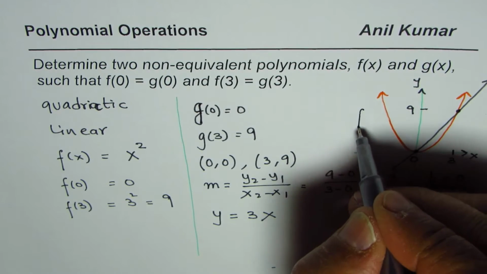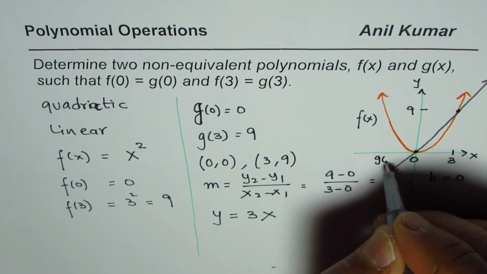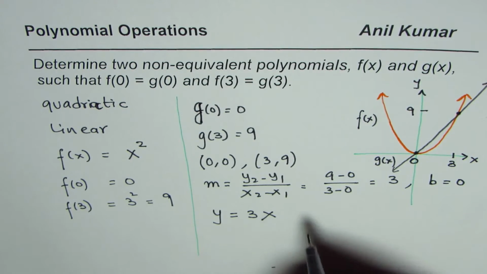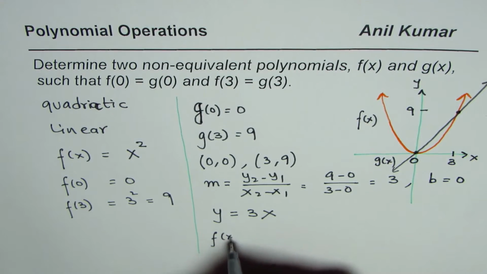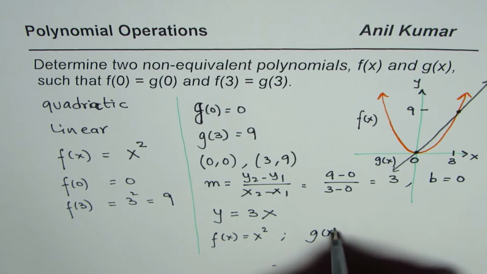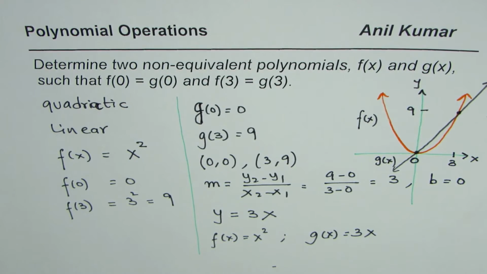So that is the function f(x), and this one is the function g(x), the line. So that is how you get two polynomial functions. One, we are writing f(x) as equal to x squared and g(x) as 3x. So that could be a simple solution to this interesting question.